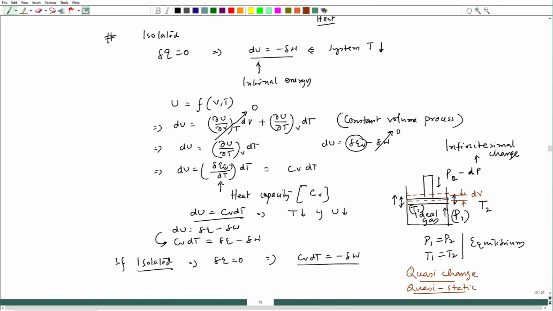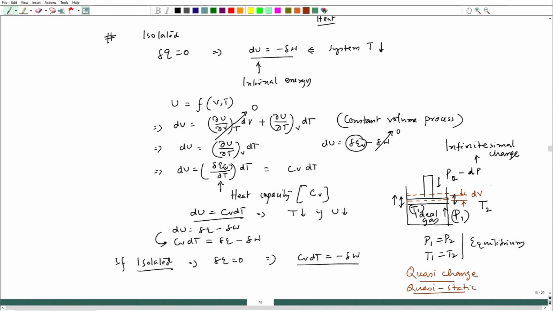A small tiny amount of change is happening, and then finally, you see that there will be a finite change, but the system would not leave the equilibrium state. This is a concept which is used to define the concept called reversible system. Reversibility does not mean that it should not change. There will be change, but that change will not be felt by the system during those infinitesimal step changes. So, the system remains under equilibrium. That is the concept we are using.